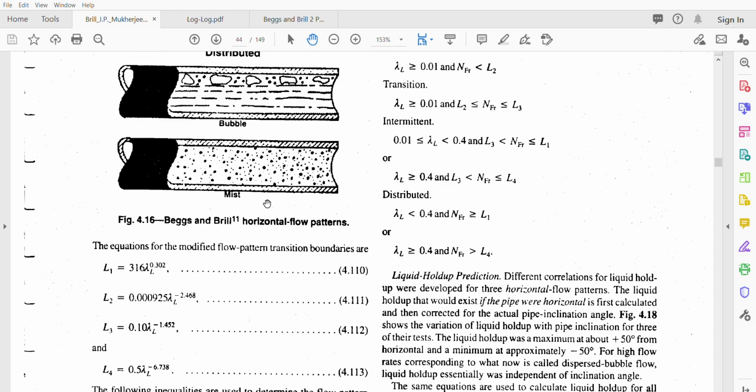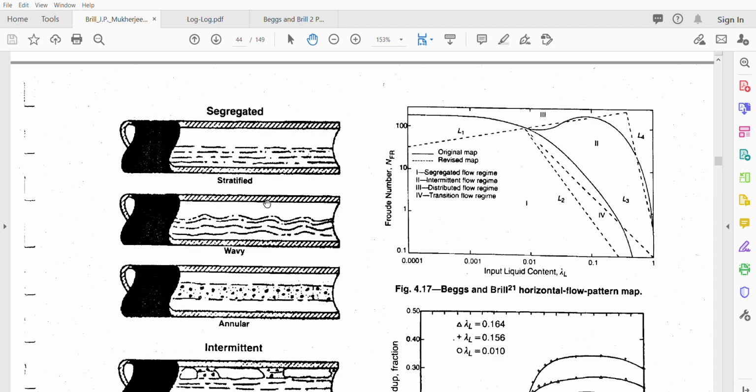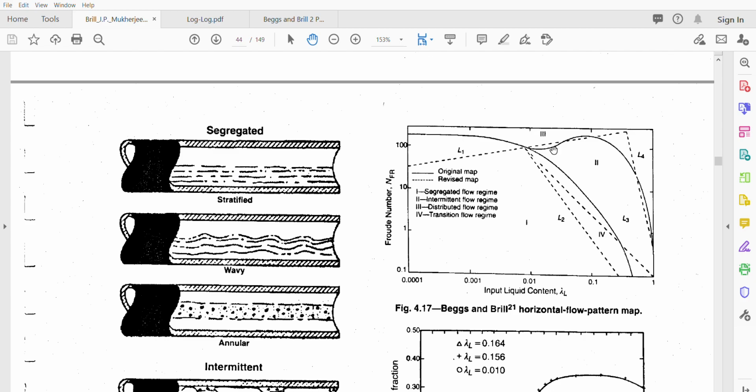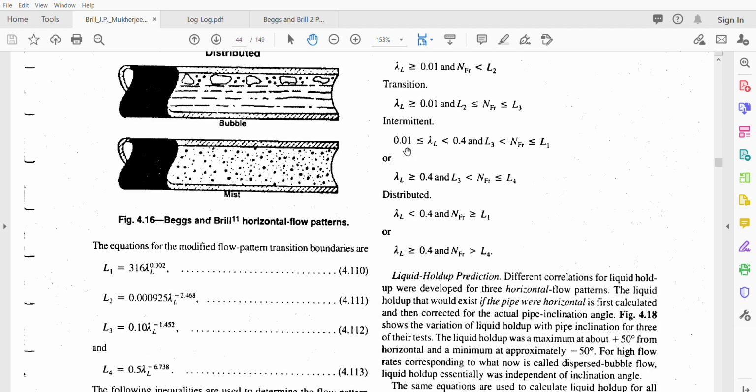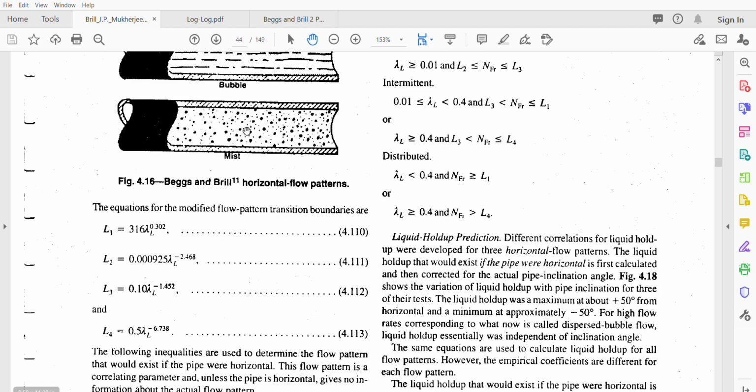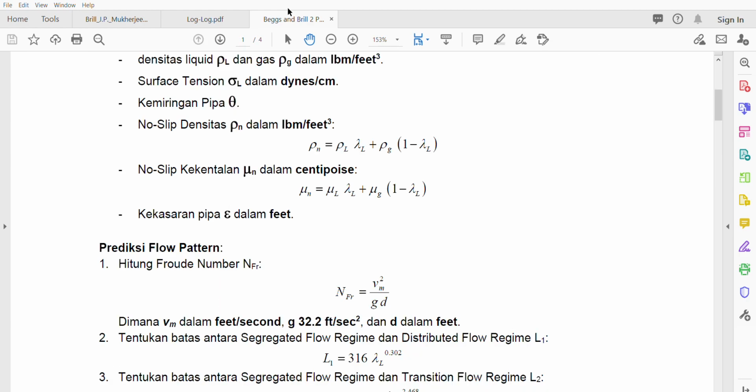So first we have to construct these four lines. Let's go back to Beggs and Brill here.